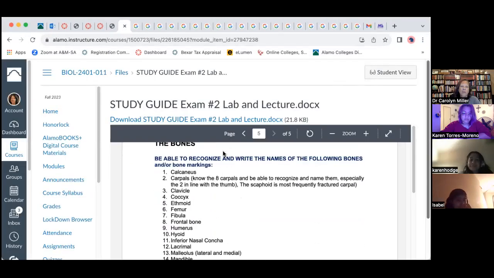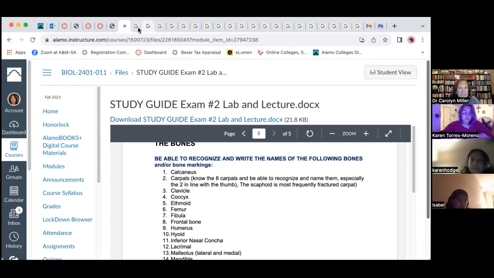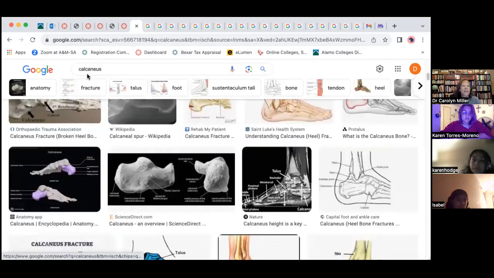Oh, here it is. Okay. So on this one, if I said the first one is the calcaneus, I would just type like I did here. I put calcaneus and I'm looking.